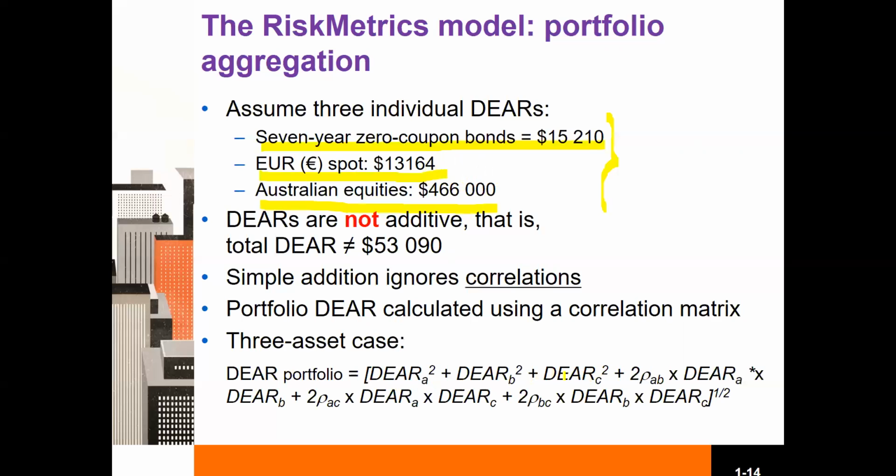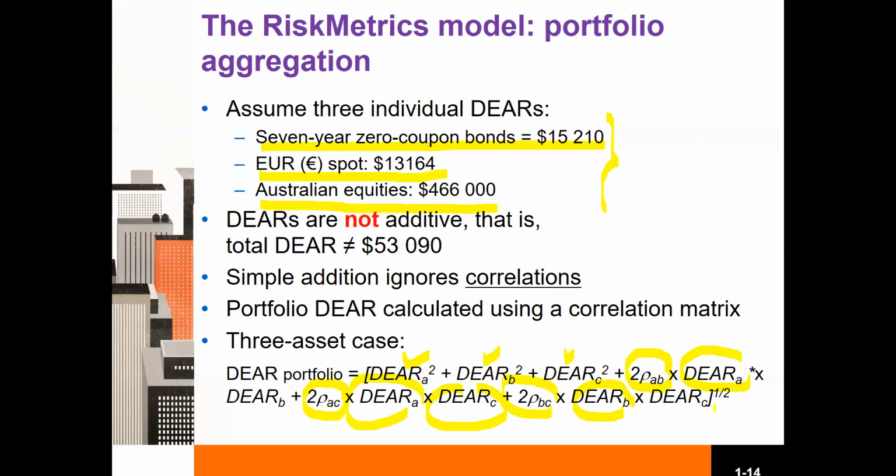This is the formula. You may be familiar with it. This will be the DR of the portfolio: DR of component 1 squared, DR of component 2 squared, DR of component 3 squared, then 2 times the correlation between A and B times DR of A and DR of B, 2 times the correlation between A and C times DR of A multiplied by DR of C, and 2 times the correlation between B and C times DR of B and DR of C, and then the whole square root.